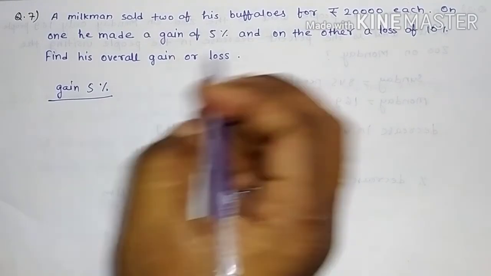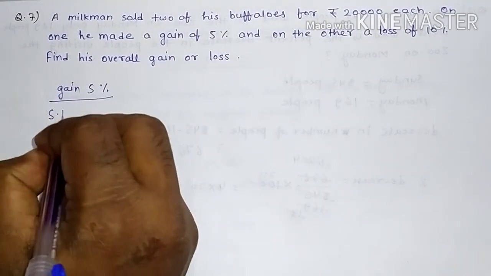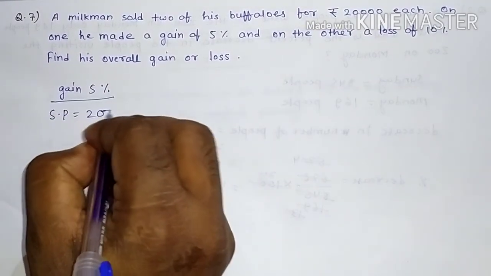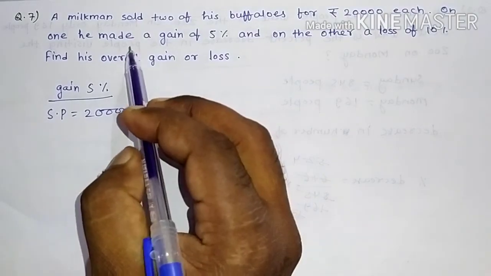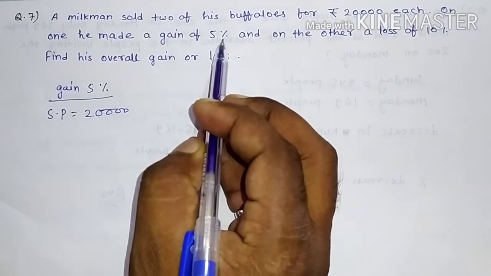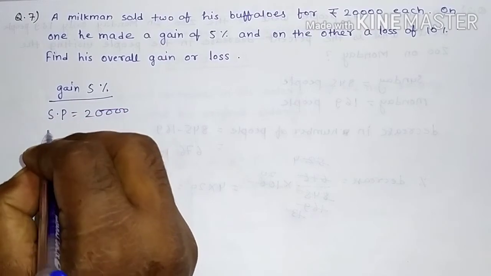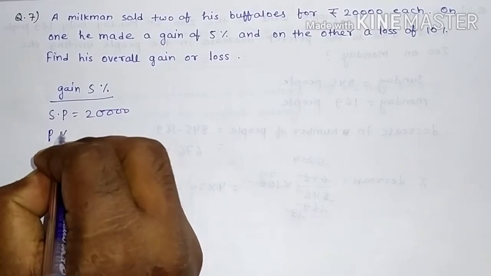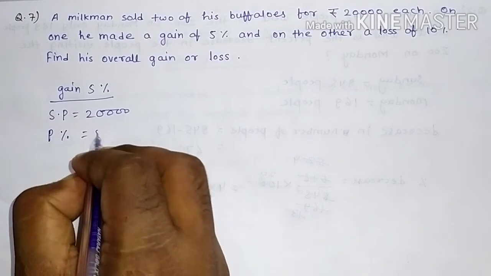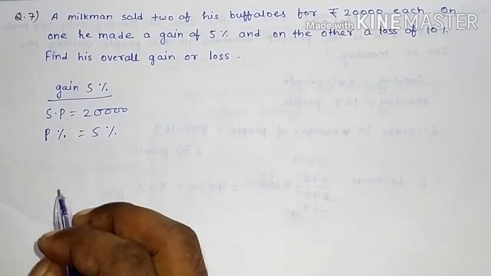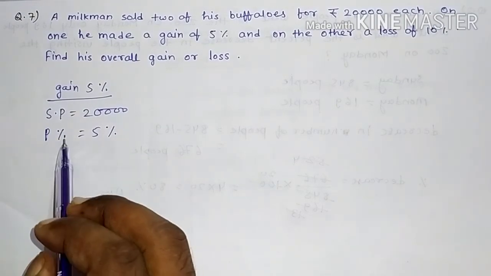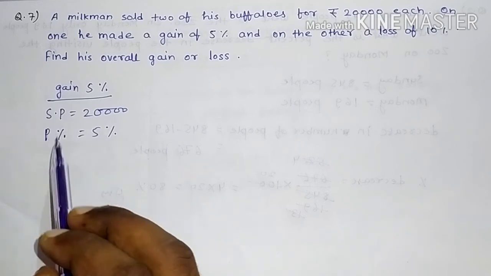So SP of a buffalo is given, 20,000 rupees, and here the gain percent is 5%. So profit percent equals 5% is given. Now we have to find the CP of this condition.